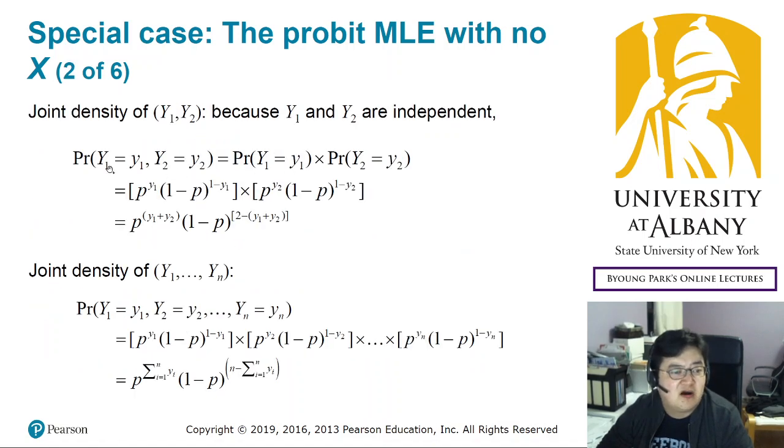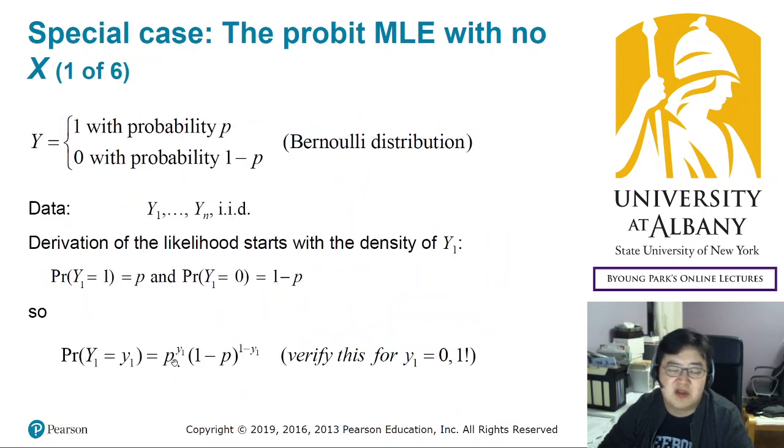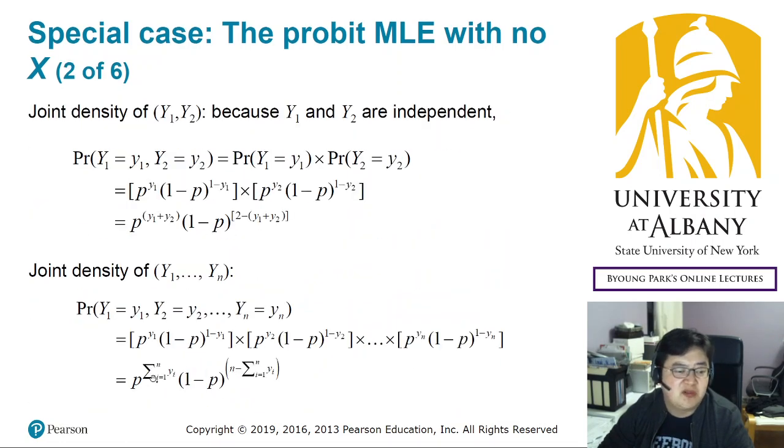And then you keep multiplying this probability from 1 to n. So if you toss a coin 100 times, you have to multiply 100 probabilities. In the end, it takes this form mathematically.